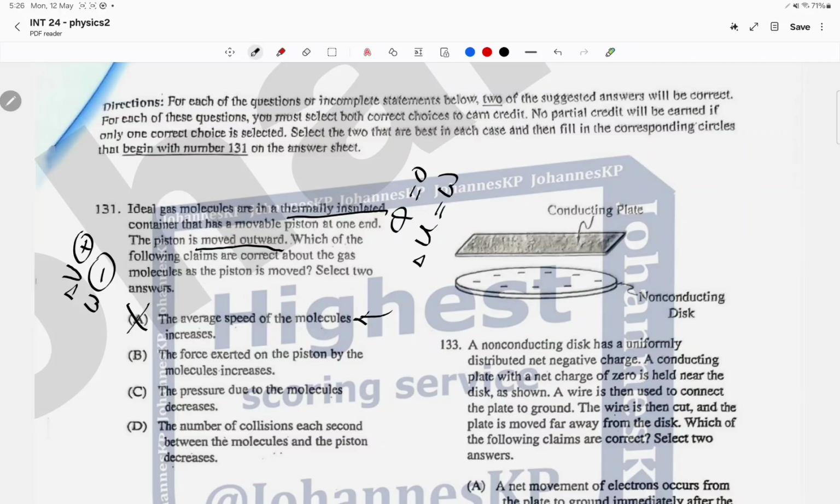So it's not A. It's not B. It says increase the force. I mean, you're expanding it, right? So it's not B. You're going to have more volume, less pressure, less force. Correct? The pressure will decrease. And if the pressure decreases, you're going to have fewer collisions. Easy. Yeah.